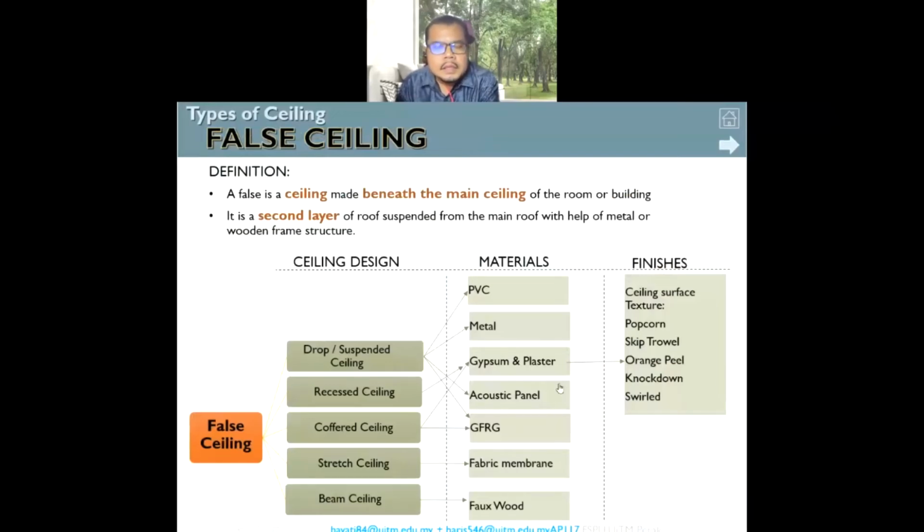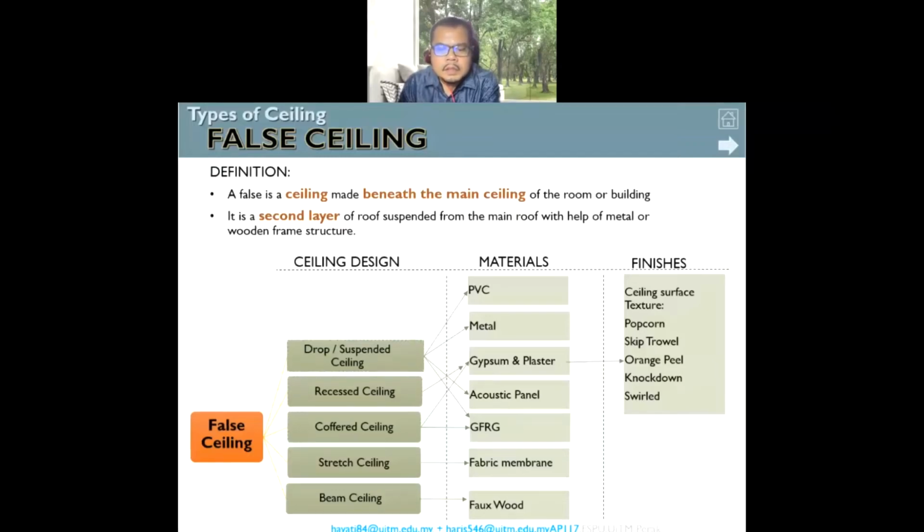Okay, and then another one is false shielding. False shielding has a few designs. The first one is drop or suspended shielding. The second one is recessed shielding.